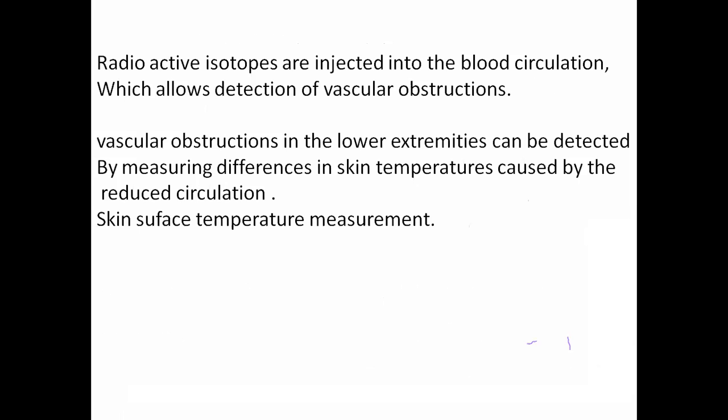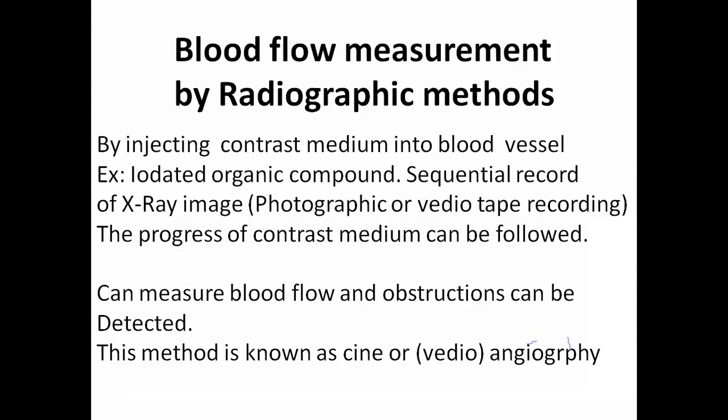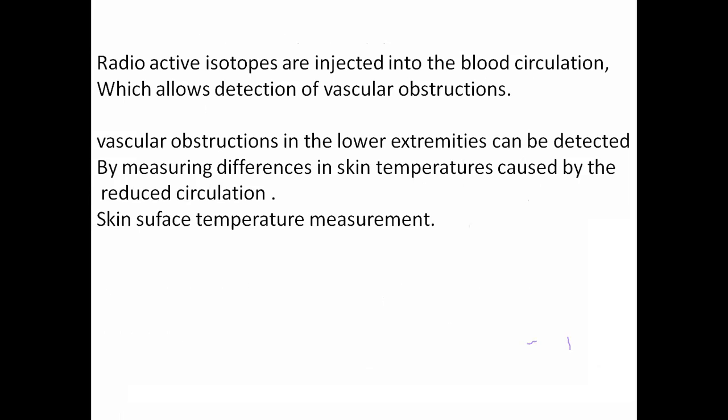And another method is there. In place of the iodated organic compound, we can also use radioactive isotopes. These radioactive isotopes are injected into the blood circulation, which allows detection of vascular obstructions.